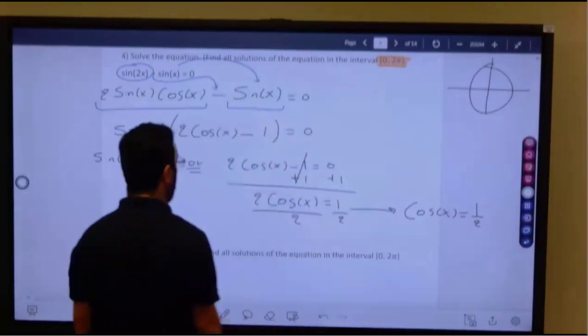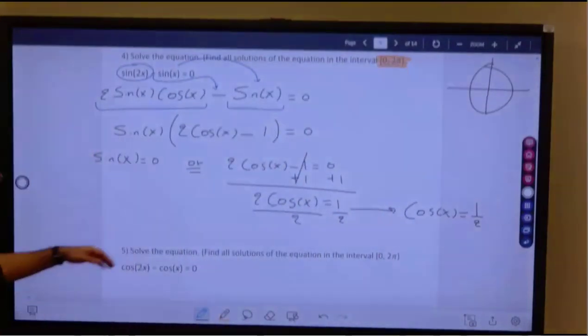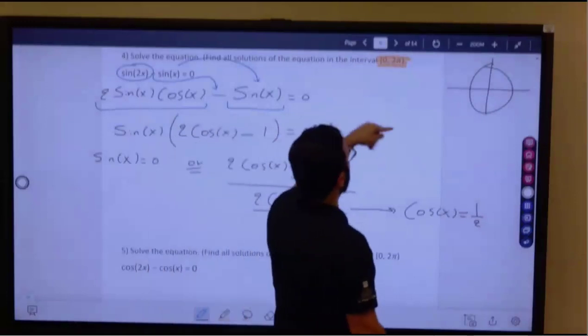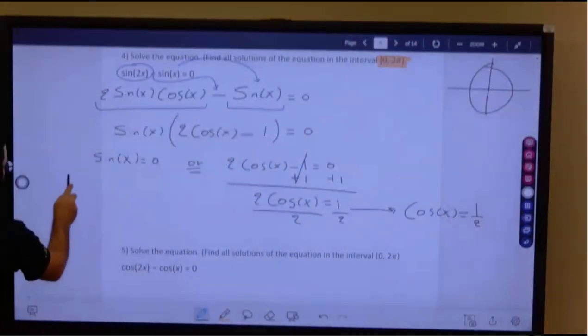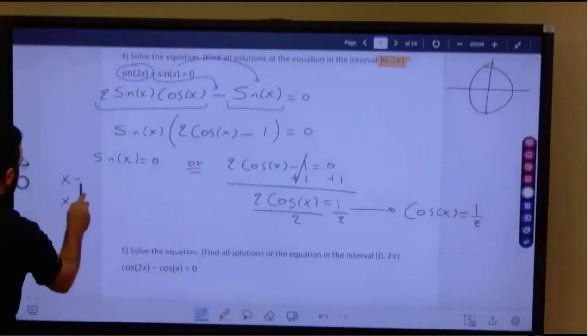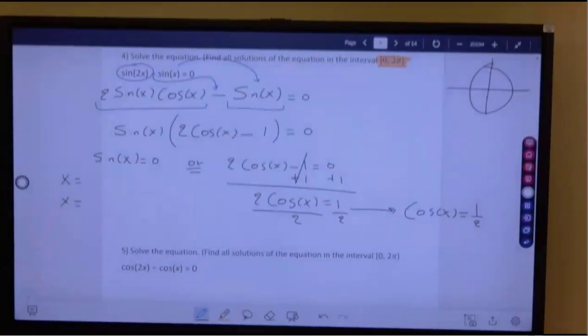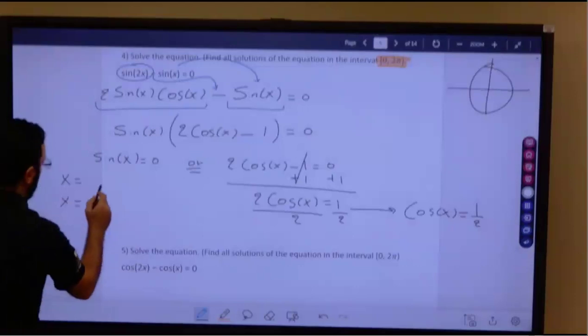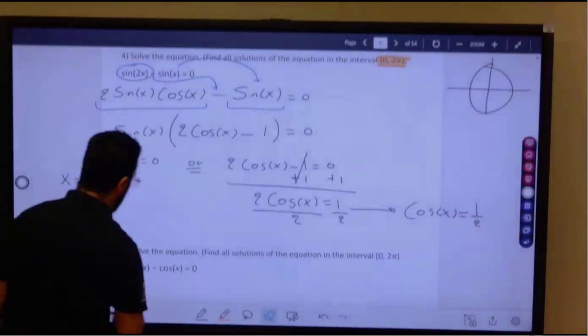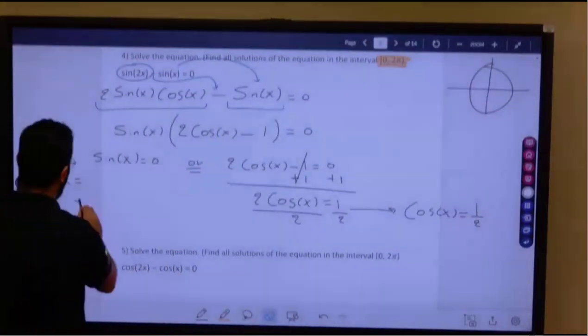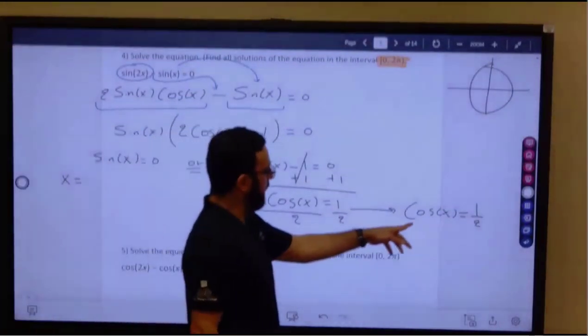Now we need to find the value of x. And they're telling you in one circle, so you don't have to add the 2 pi. That means the angles which give me sine x equals 0 are going to be 0 and pi, if you go back to the circle. And which angle is going to give you cosine equal to one half?